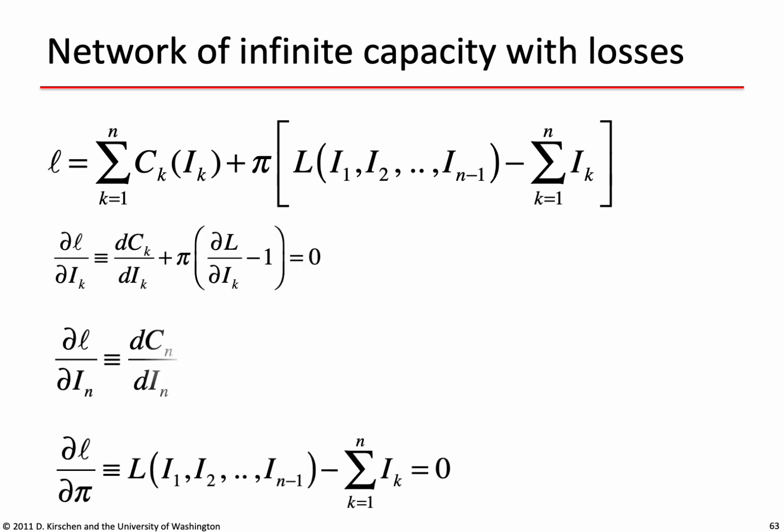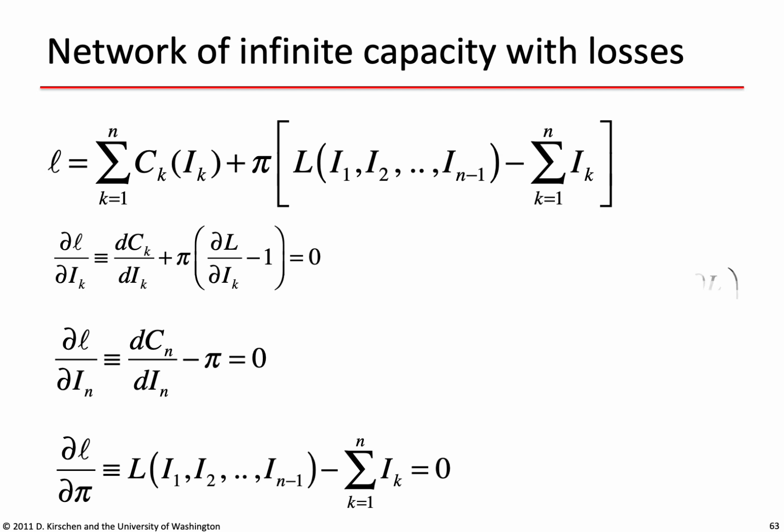The optimality conditions are obtained by taking the partial derivatives of this Lagrangian with respect to the injections, first set of optimality conditions. I treat separately the partial derivative with respect to the injection at node n. And the last optimality condition says that the partial derivative of the Lagrangian with respect to the Lagrange multiplier pi is essentially the constraint, which must be satisfied.